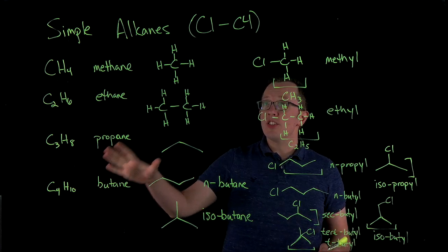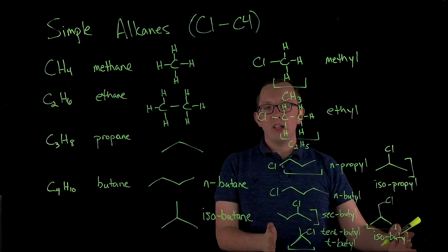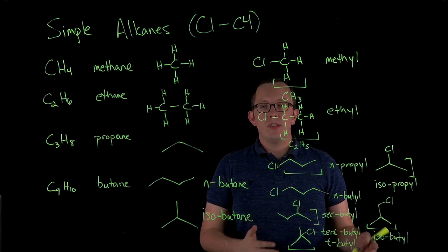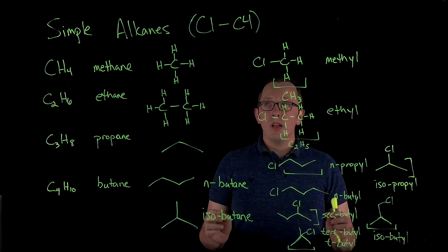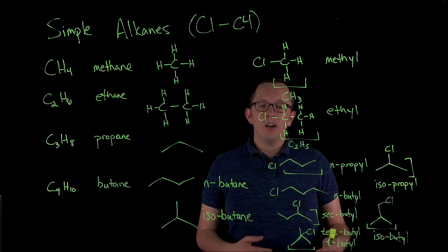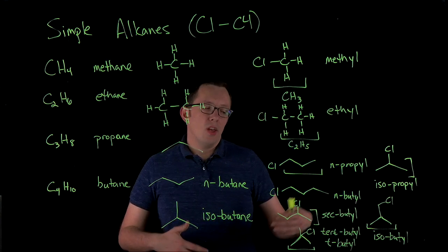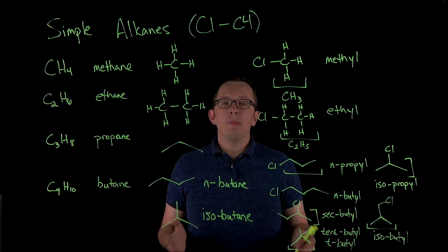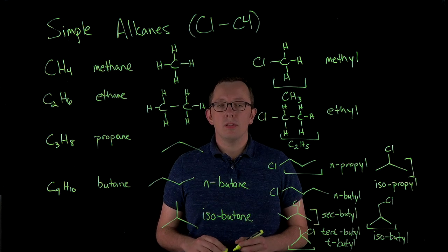So these are our simple alkanes, and these are our simple alkanes when they become a substituent. And so what we're going to talk about next is when we move to larger and larger structures, how do we come up with a systematic way of naming these compounds so that we can have a common language of talking about these different structures.